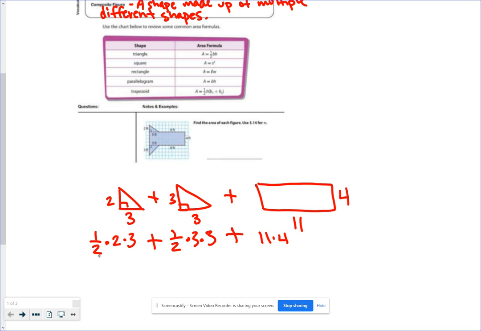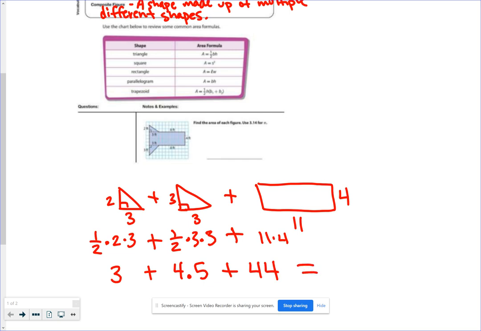So half of 2 is 1, times 3 is just 3, plus 1/2 of 3 is 1.5 times 3 is 4.5, plus 11 times 4 is 44.